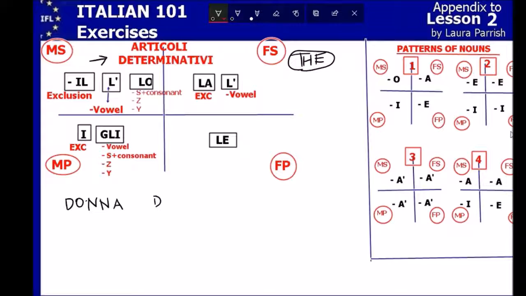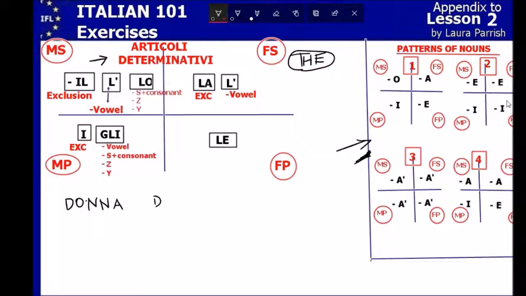That's why there is the pattern of nouns that you find in lesson number 1. This is lesson number 2. Basically, in lesson number 2, there are the articles, and we are doing the exercise about the articles. But we need that in order to understand the gender and number of a word.